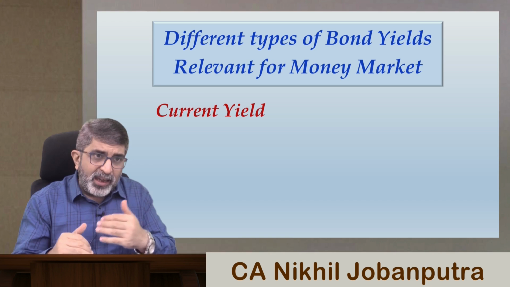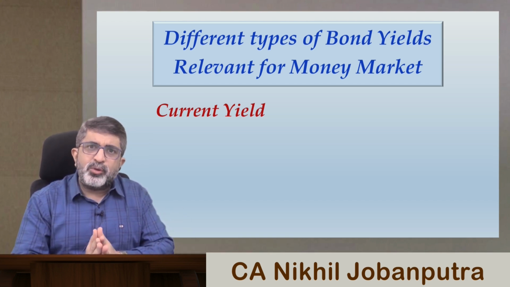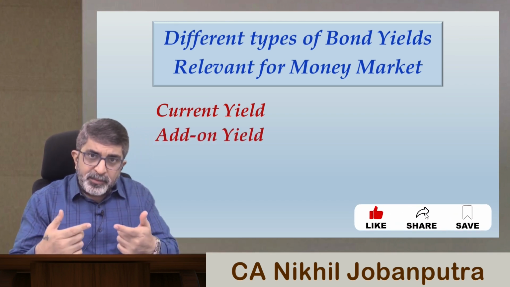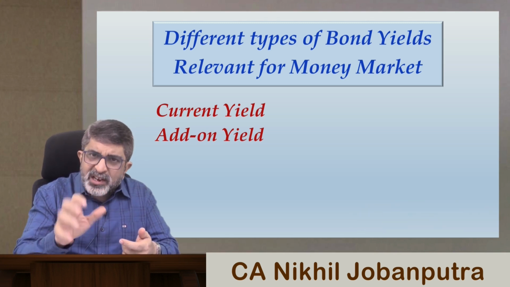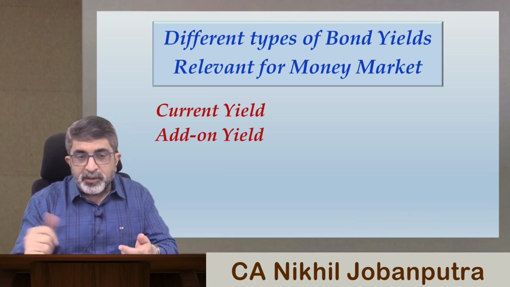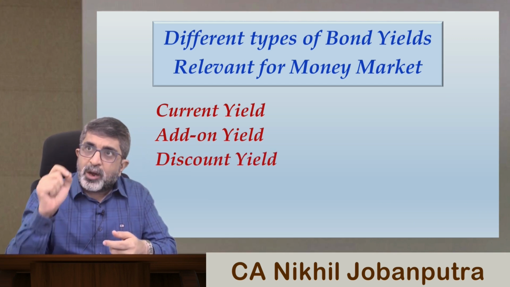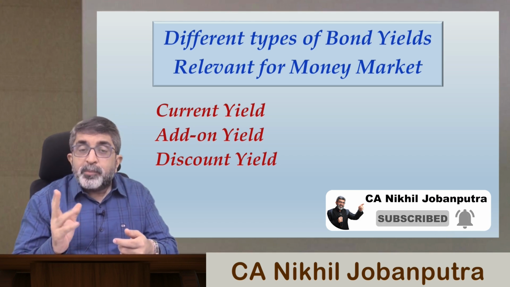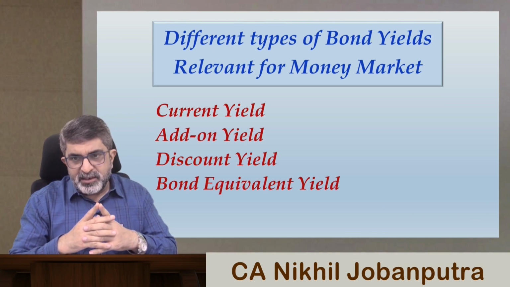I remember I have discussed this in your earlier classes, but we are going to talk about current yield in this class as well. Add-on yield, this is not something that we have discussed earlier because this is generally relevant to money market instruments. After add-on yield, we will also learn discount yield. Discount yield is typically used only in the money market. And then comes bond equivalent yield.